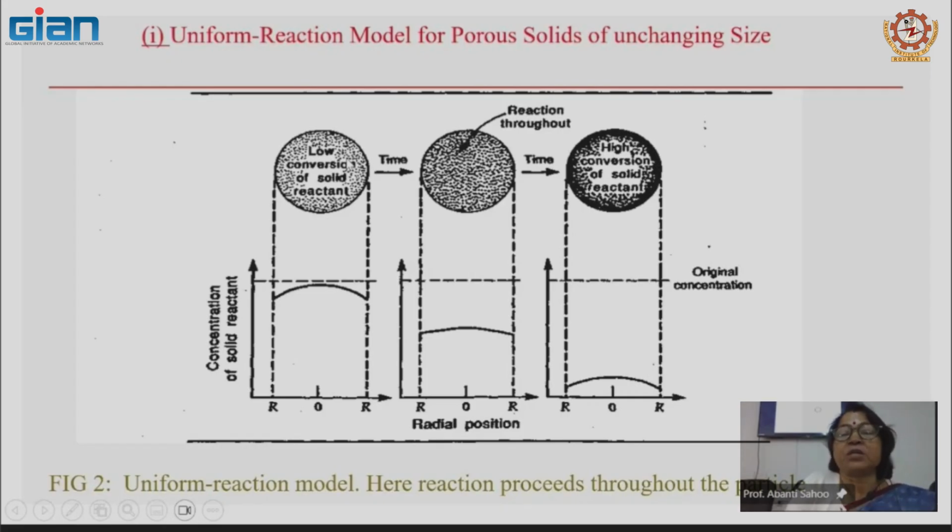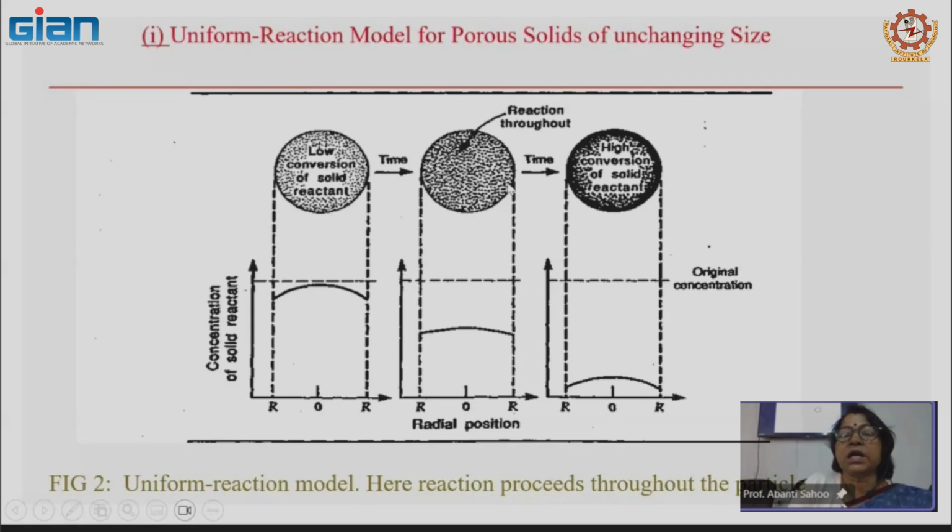Then reaction occurs. The gaseous reactant that fills all the pores of the solid particles starts reacting with the solid reactant, and uniformly at all places it starts reacting, because the gaseous reactant is present everywhere and all the molecules of the solid are in contact with it.